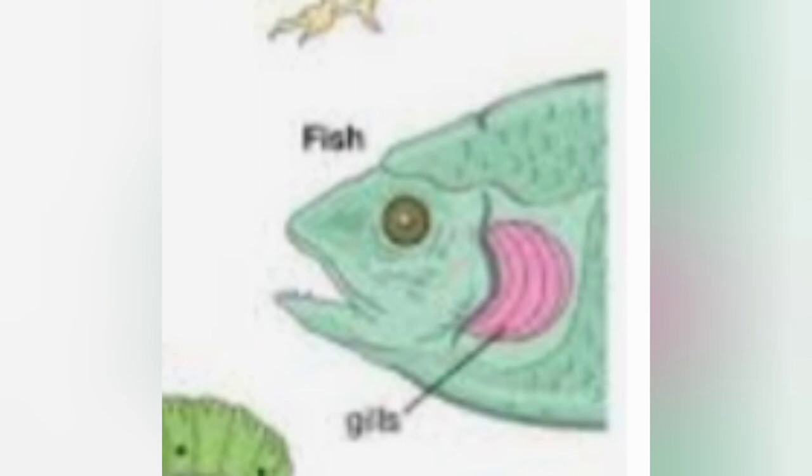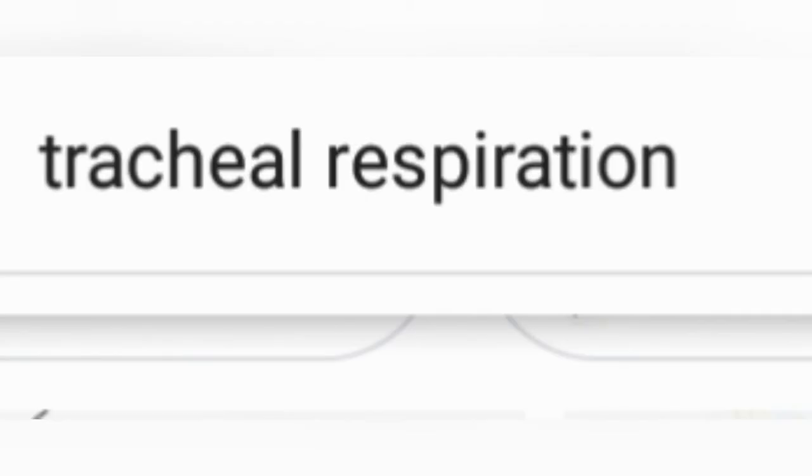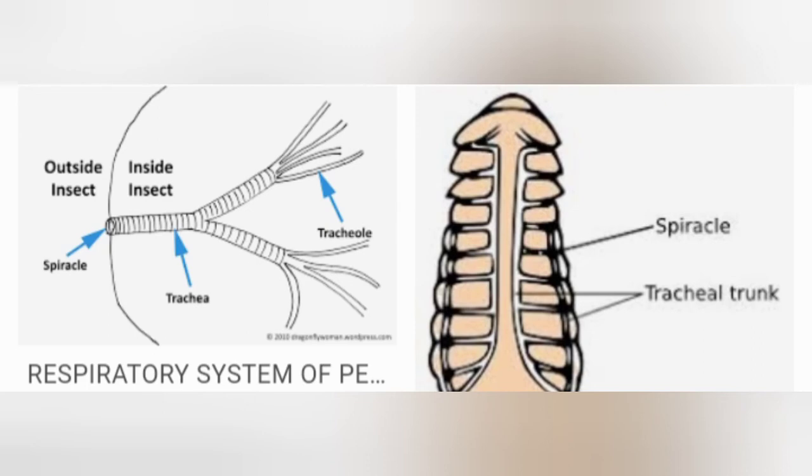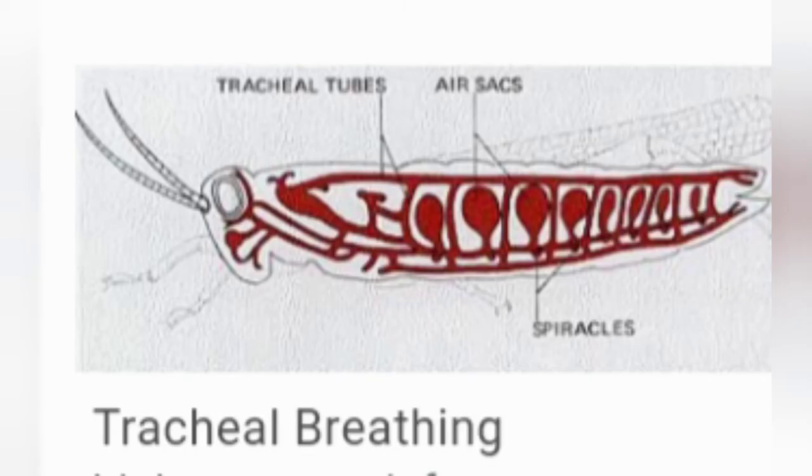Now the tracheal respiration. In all the insects, cockroach, grasshopper, etc., centipedes, millipedes and some spiders, respiratory organs are highly branched air tubes. They are called the tracheae. These tracheae are connected to the atmosphere by the minute respiratory openings called the spiracles or the stigmata. In the cockroach, there are 10 pairs of spiracles, 2 pairs in the thorax and 8 pairs in the abdomen.